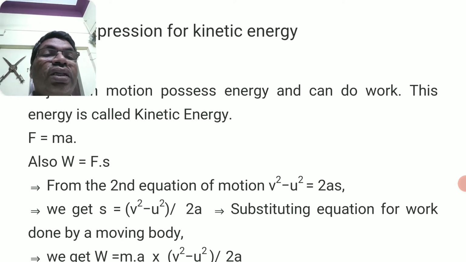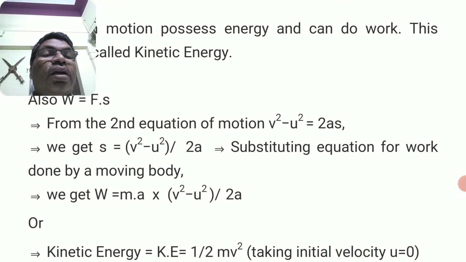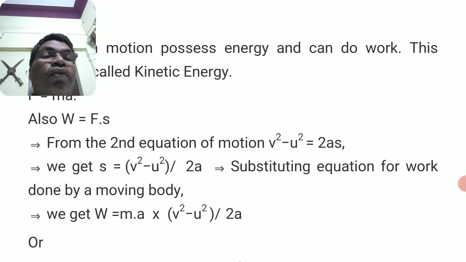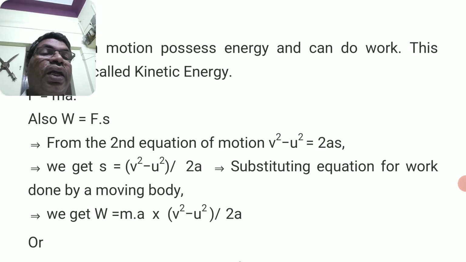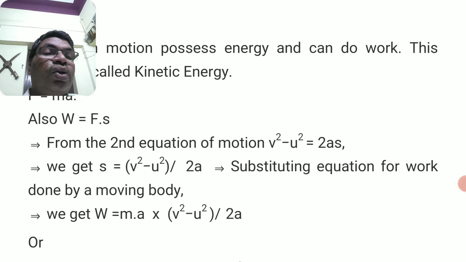Substituting this s value in W is equal to F into s, what do we get? W is equal to ma. ma is nothing but force, F is equal to ma. So in place of F we write ma, and in place of s we write v square minus u square by 2a.